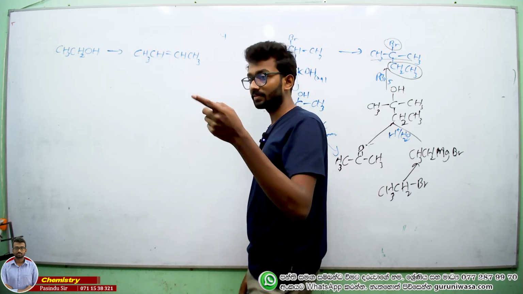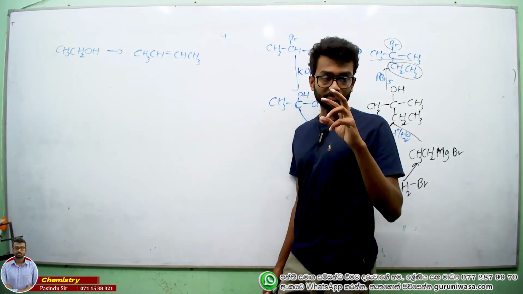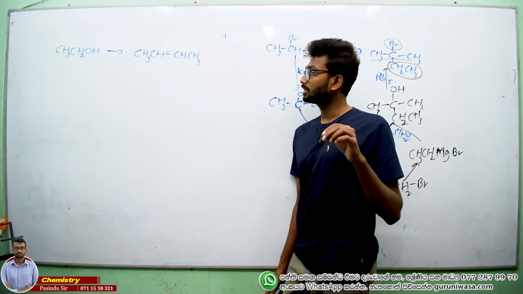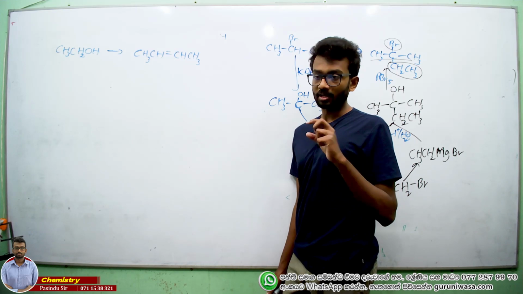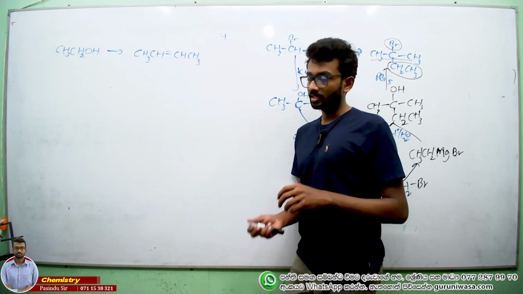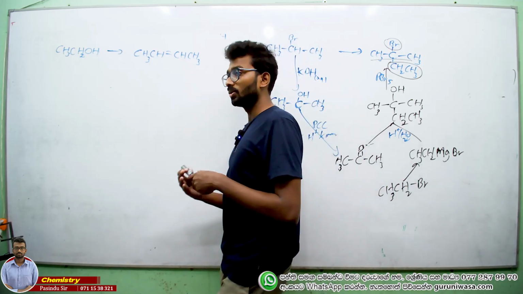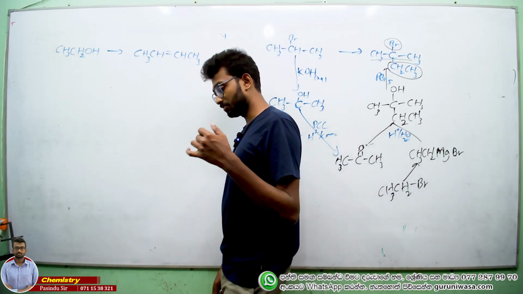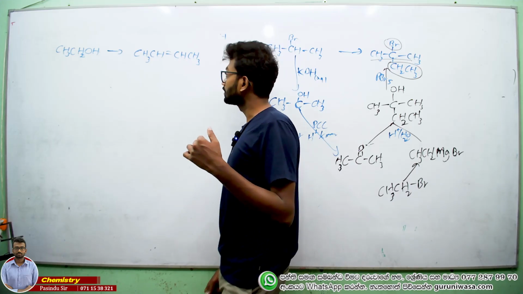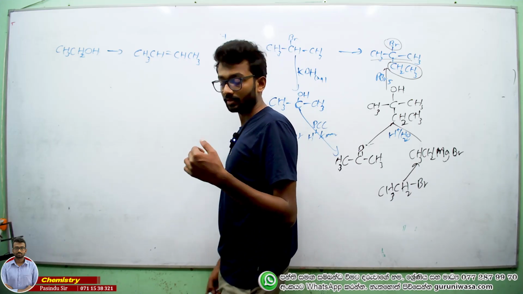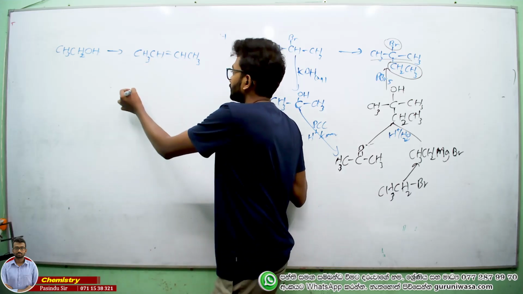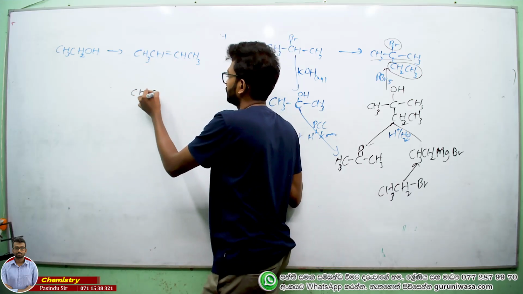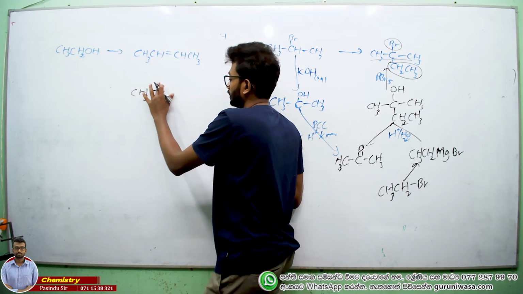One is Grignard, another one is the triple bond, the alkyne case. Try to increase the number of carbons using those two methods. Here there is a double bond. You can guess before that double bond there was a triple bond. I will assume, I don't know. CH3C triple bond CH.